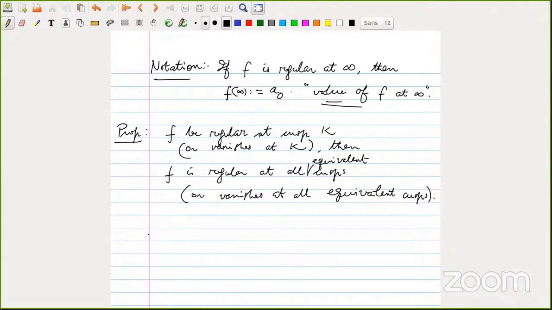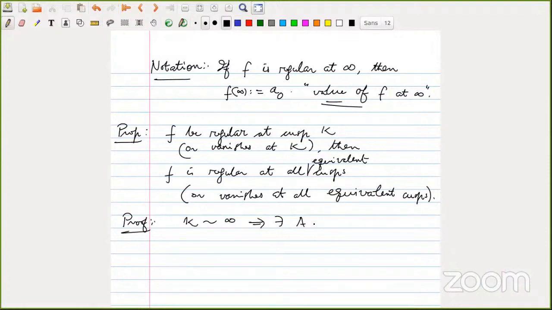Again, we just transform. Let me just give you this one line argument. Let me see what it takes to prove these kinds of things. Suppose kappa is equivalent to infinity with respect to gamma.